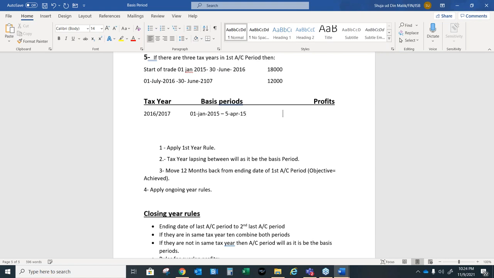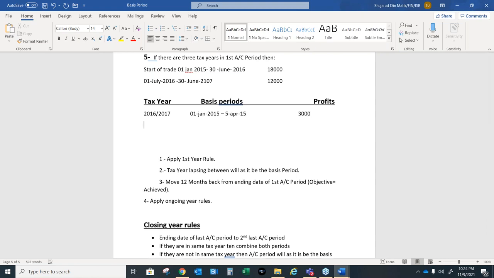The total number of months here is 2015 January till December, 12 months, plus January till June 2016, 6 months. Overall 18 months. 18,000 divided by 18, per month profit will be 1,000. We have taken 3 months here, so the resultant profits will be 3,000.